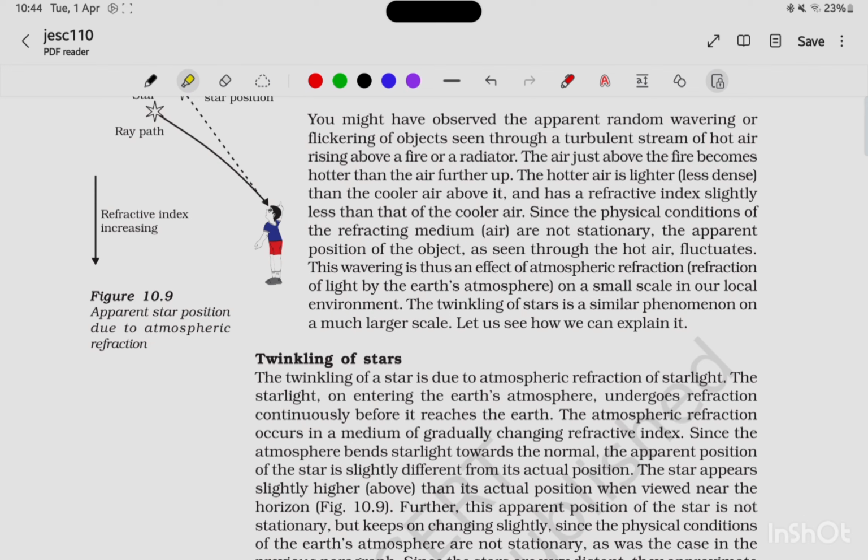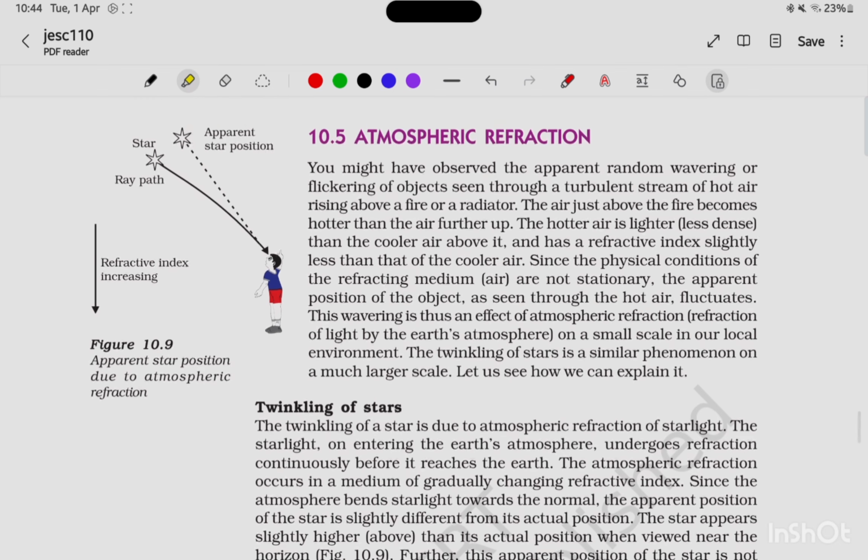This wavering is thus an effect of atmospheric refraction of light by the Earth's atmosphere, or on a small scale in our local environment. The twinkling of stars is a similar phenomenon on a much larger scale. Let us see how we can explain it.